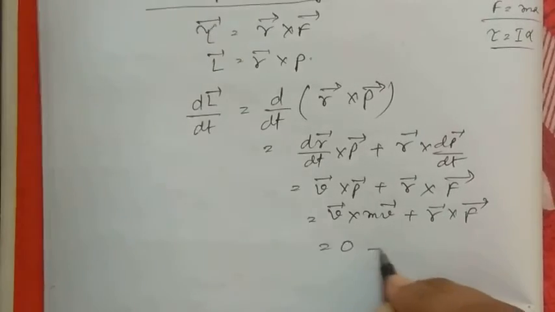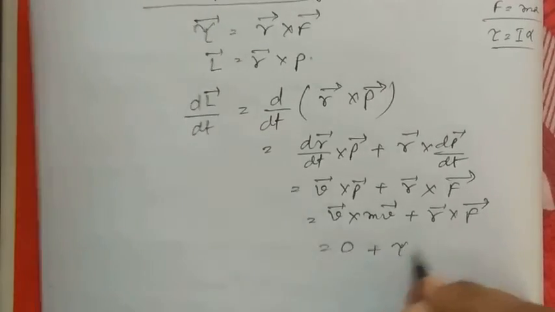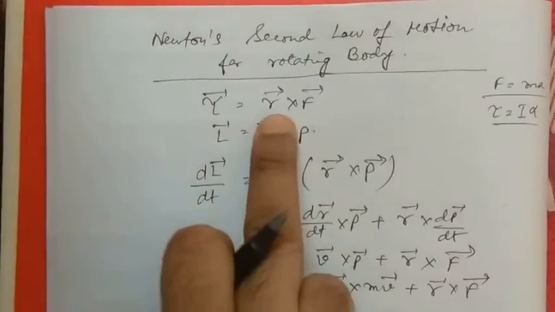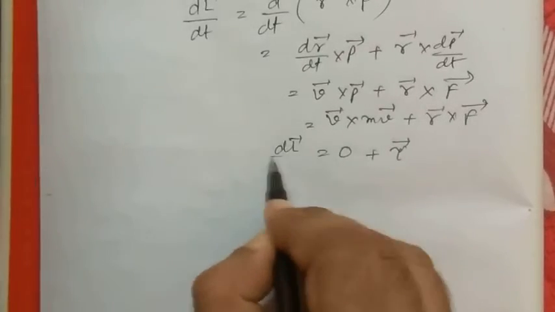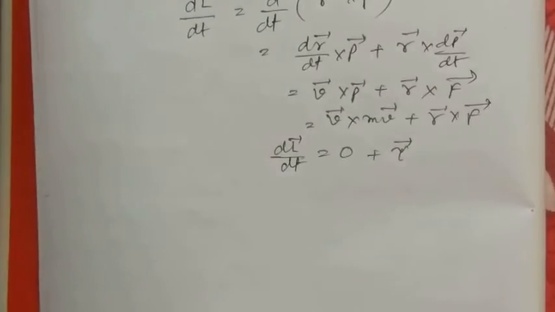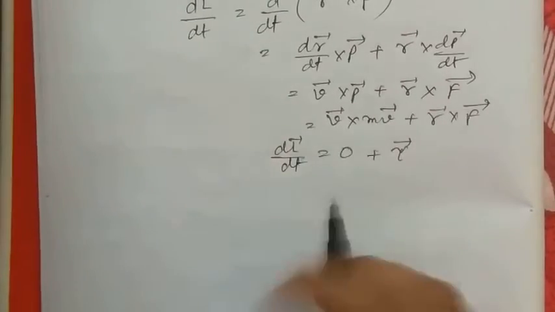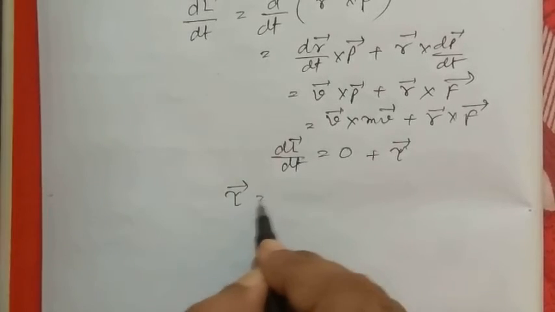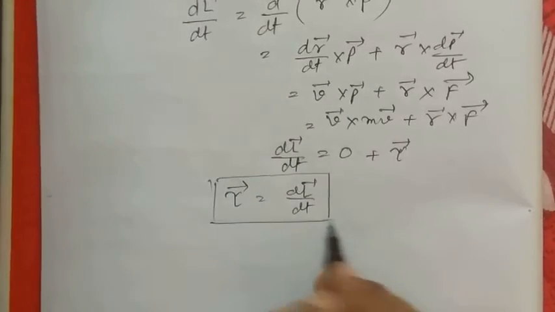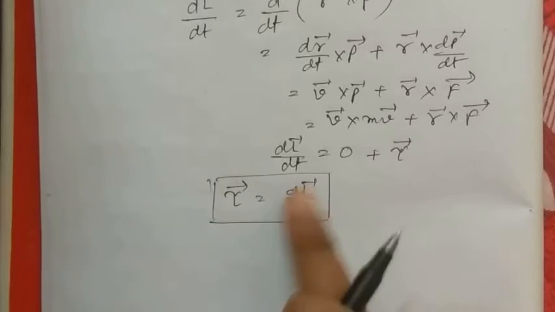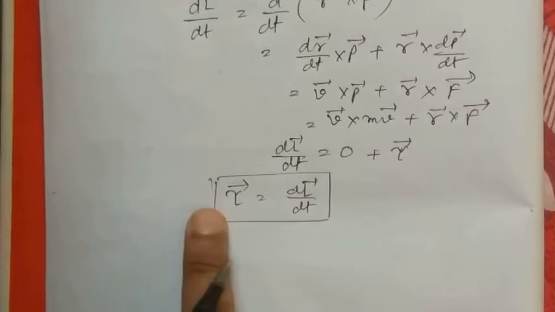Plus r cross F. What is r cross F? From the first relation we wrote, r cross F is equal to tau. So dL by dt is tau. This is the statement: tau is equal to dL by dt. We can write that the rate of change of angular momentum is equal to the external torque.